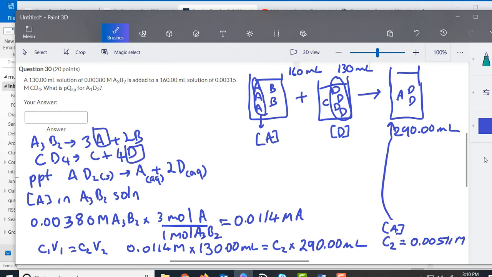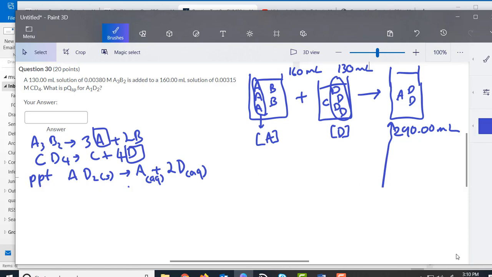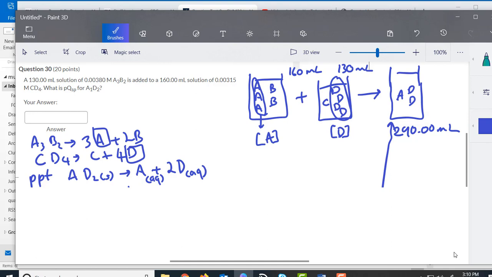Alright, so I'm going to erase some of this, and I'll show you what happens with the D. So with the D, we're going to look for the D now in the CD4 solution.